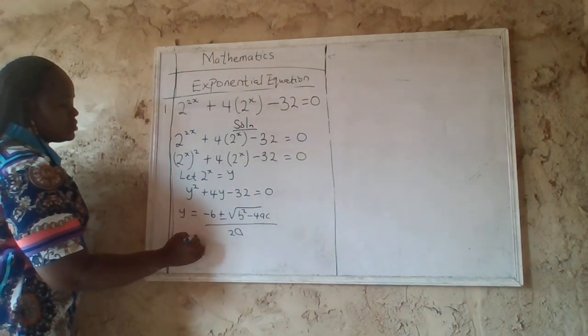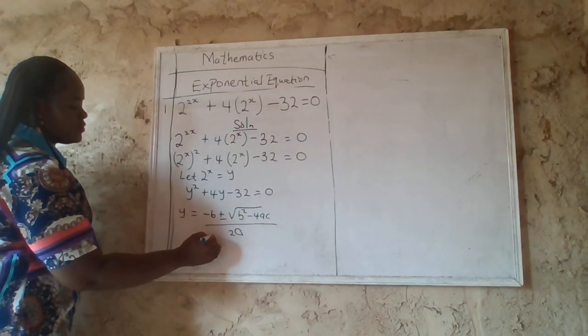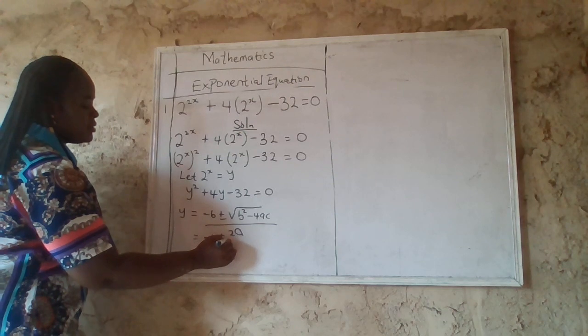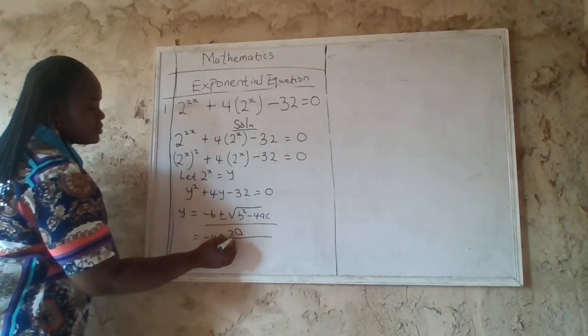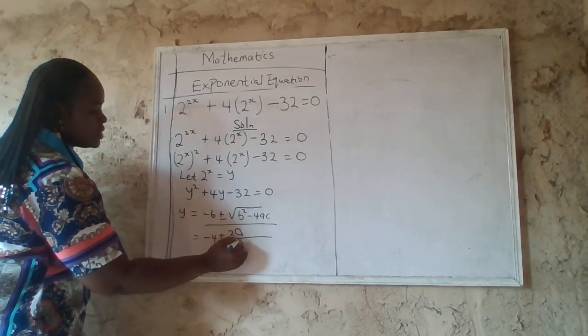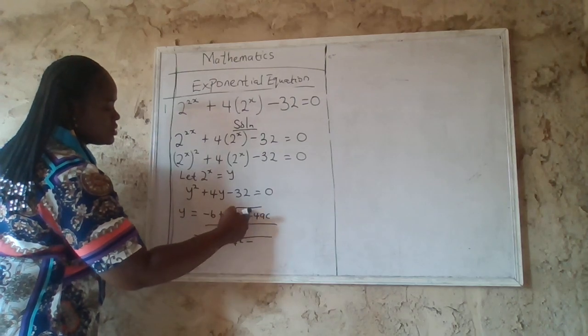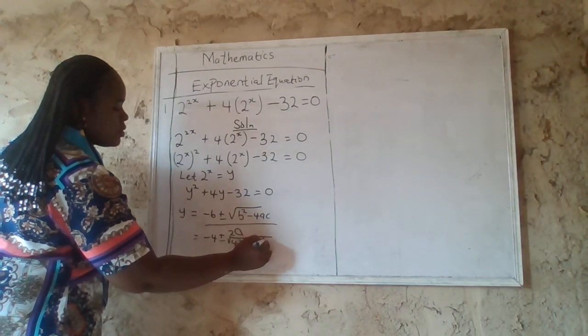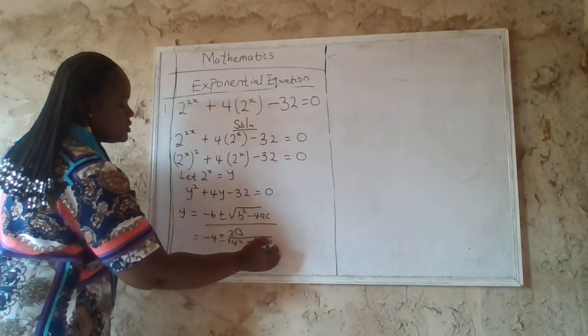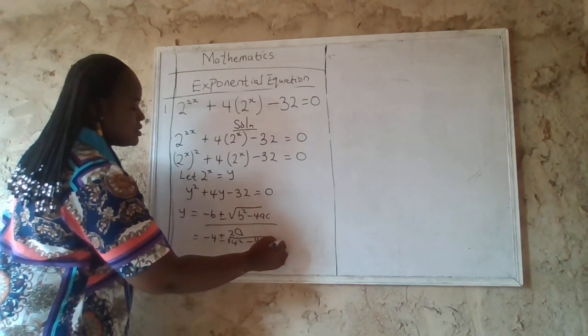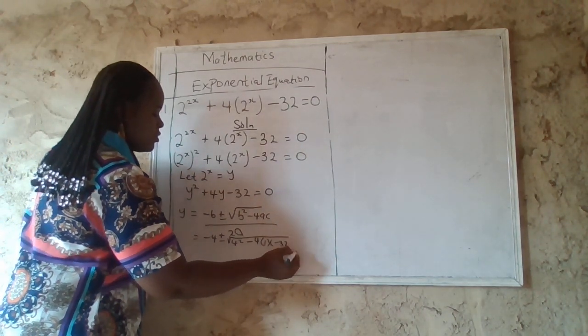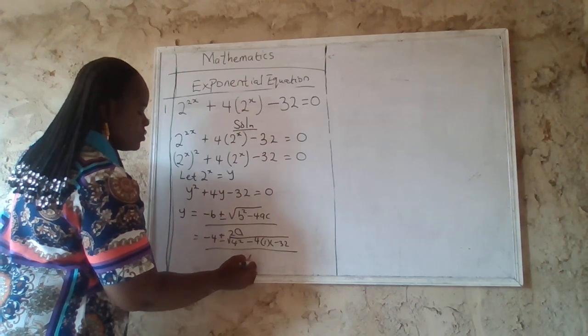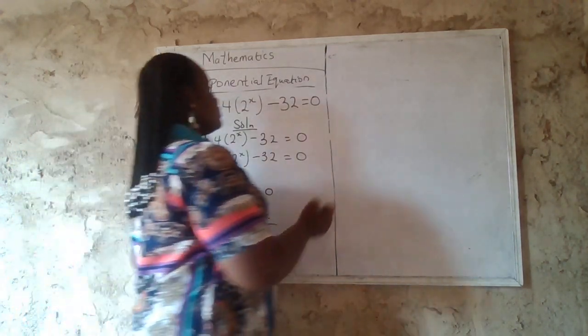Having this, we will substitute. Our b is minus 4 plus or minus the square root of 4 squared minus 4a. a is 1, c is what? Minus 32, all over 2a, which is 2 times 1.